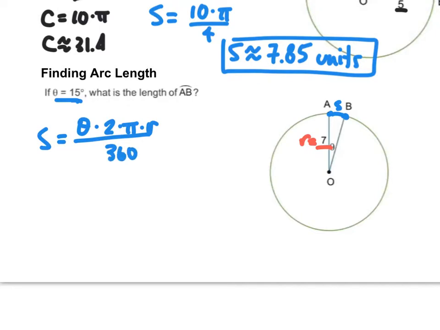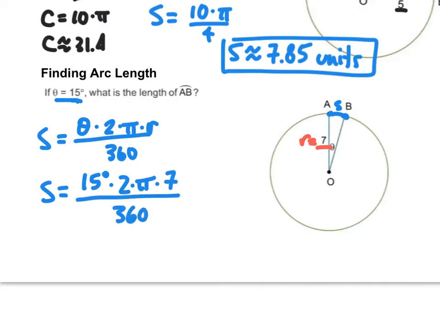Let's plug our values in. I've got theta, which is 15 degrees, times 2 times pi times my radius, which is 7, all divided by 360 degrees. 15 times 2 times 7 is going to be 210. So my arc length is 210 times pi divided by 360.